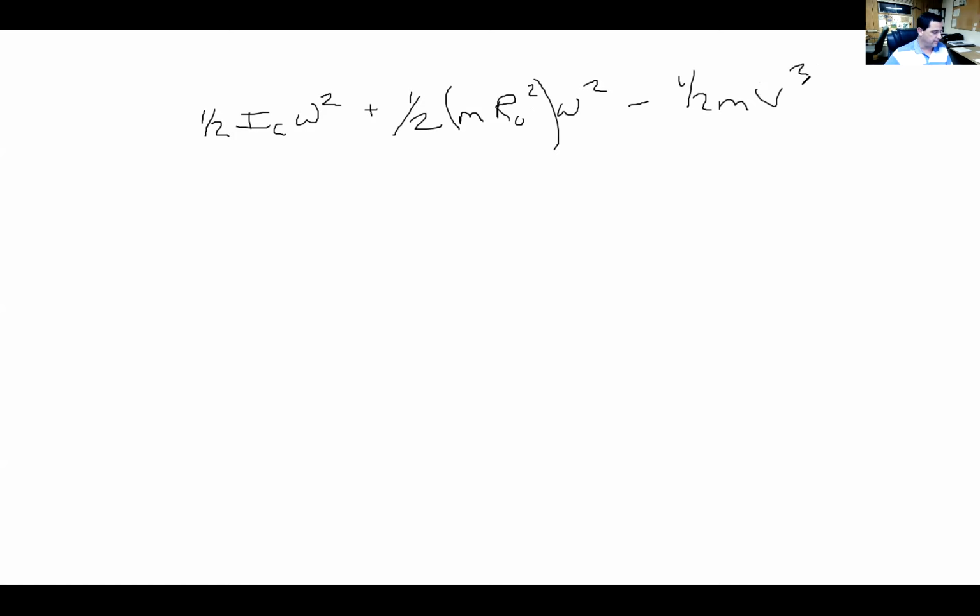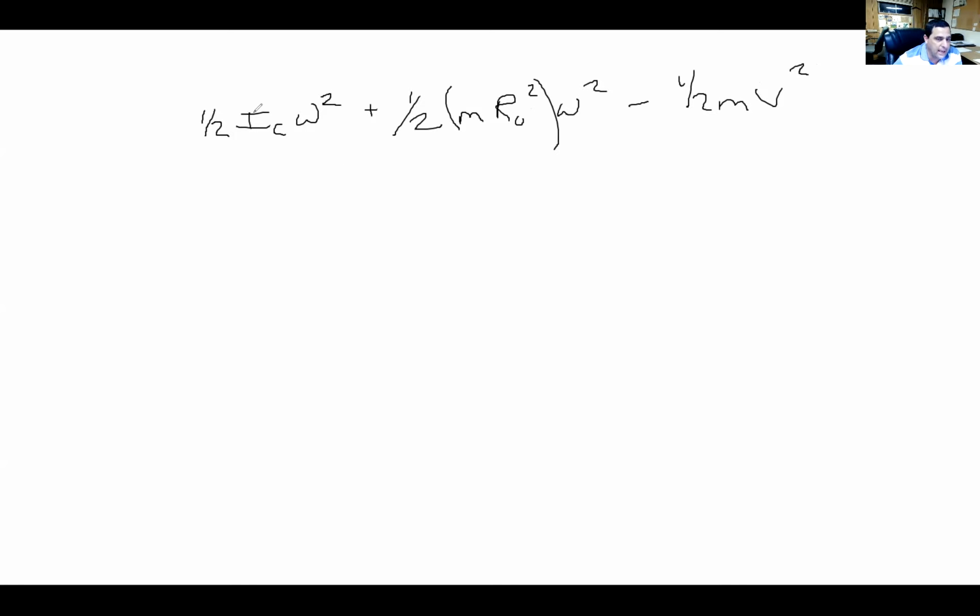So if you're looking at kinetic energy in the initial condition and kinetic energy in the final condition, you have 1/2 moment of inertia of the cylinder times angular velocity squared, plus 1/2 m R0 squared, W squared, minus 1/2 mv squared.